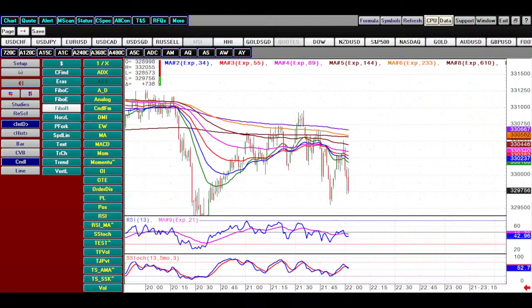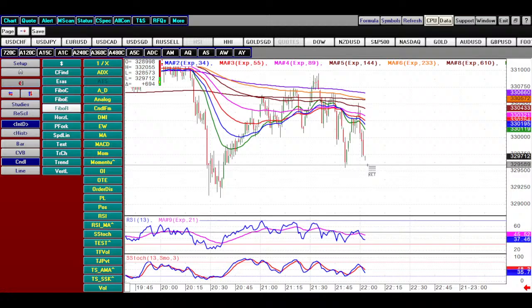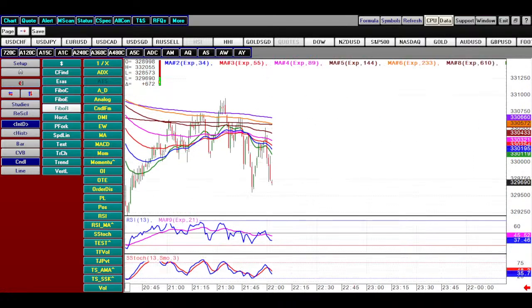Okay, just seeing some mild weakness. Okay, the gold is coming off again. So now what we will do is, since we have already taken the profit, we would want to go for a re-entry on gold.